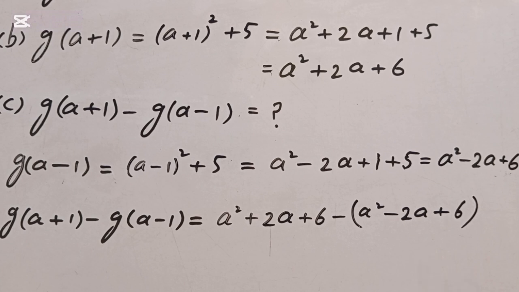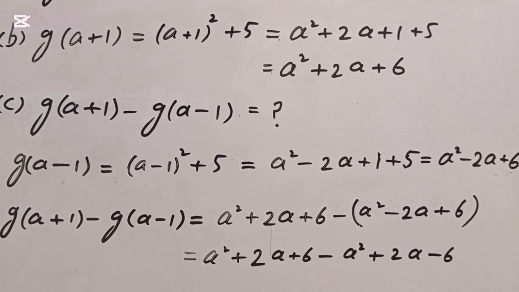Now solve it. On opening the bracket, after the cancellation here, the final result of g(a plus 1) minus g(a minus 1) is 4a.